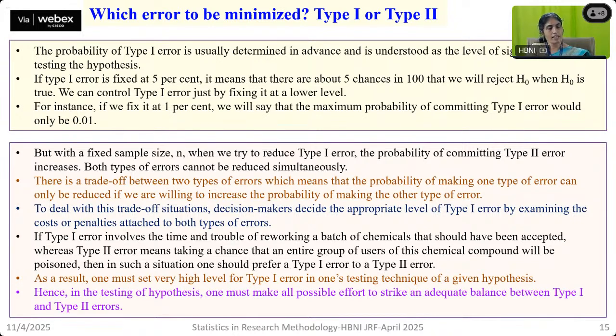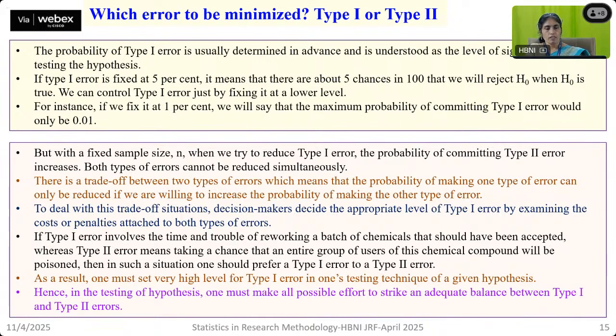It is very clear that when we have a fixed sample size n, when we try to reduce type 1 error, the probability of committing type 2 error increases accordingly. So both these errors cannot be reduced simultaneously. What you have to do is have a trade-off between both types of errors. While trying to minimize alpha error, beta error is definitely going to get higher.